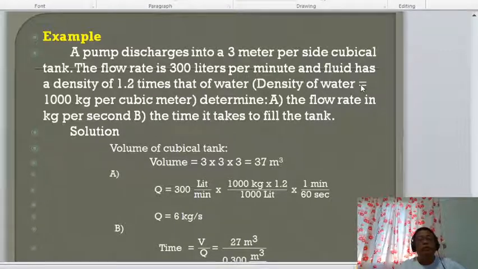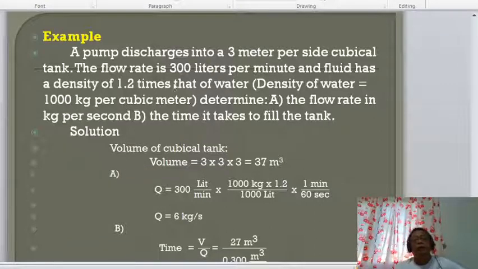Let us now consider this example. A pump discharges into a 3 meter per side cubical tank. The flow rate is 300 liters per minute and the fluid has a density of 1.2 times that of water. Density of water equals 1,000 kilograms per cubic meter.